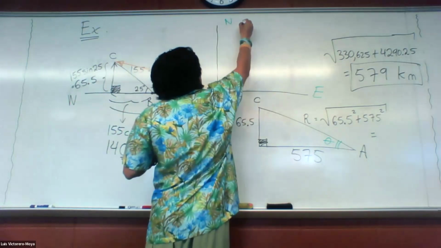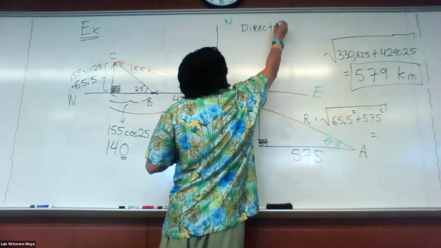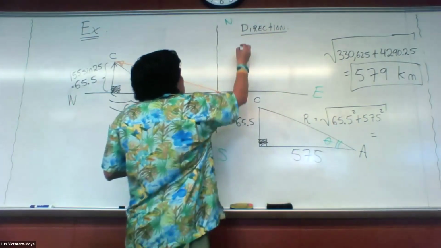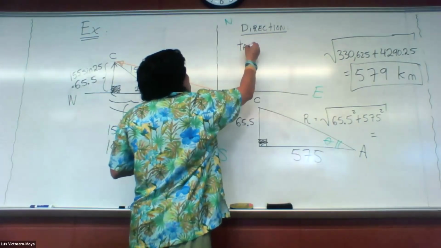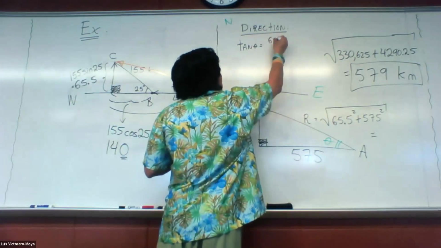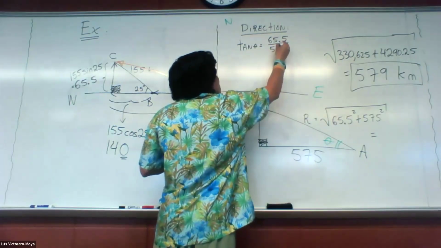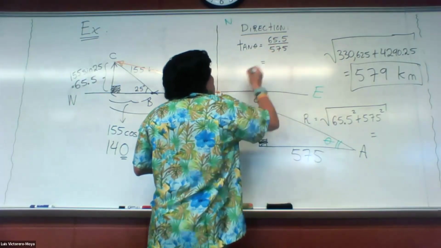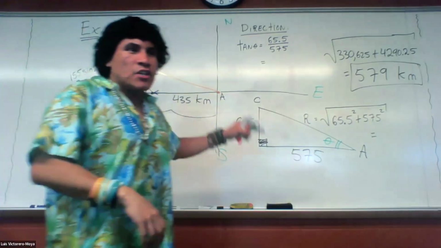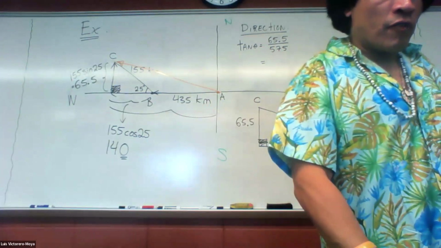For the direction for AC, tangent of theta is 65.5 over 575. So we find a ratio, 65.5 over 575.